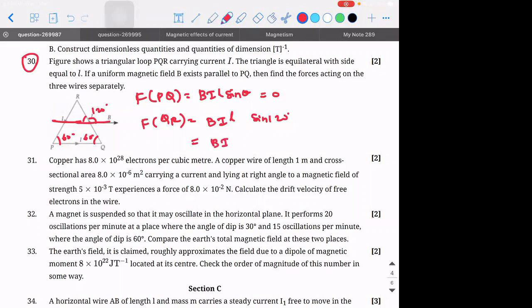So B is B only, I is I only, L into sine of how much is the angle? Sine 120 is how much? Root 3 by 2. Sine 120, second quadrant, it is positive. Root 3 BIL divided by 2.